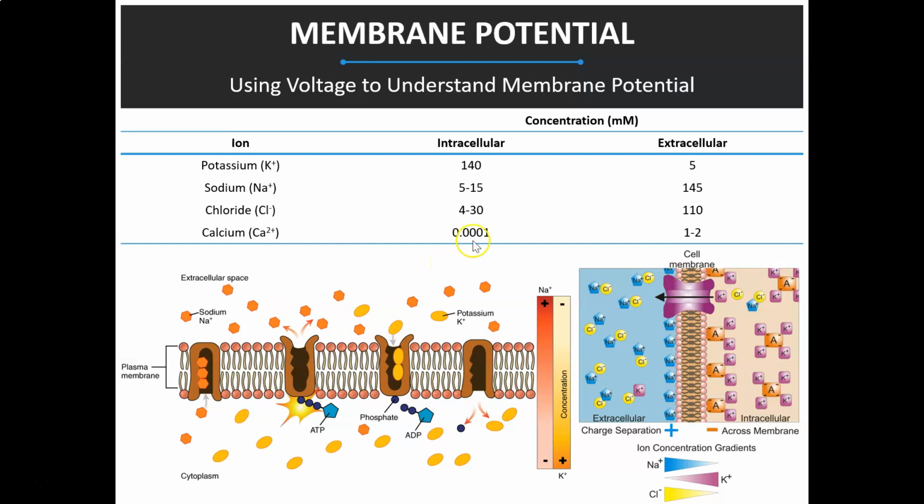As mentioned, the concentration of sodium outside the cell is much greater than inside the cell, being 145 millimoles per liter in the extracellular environment, while the intracellular concentration ranges from 5 to 15 millimoles per liter. By contrast, potassium exhibits a much higher intracellular concentration relative to extracellular, with 140 millimolar concentration on the inside of the cell and a 5 millimolar concentration outside the cell.